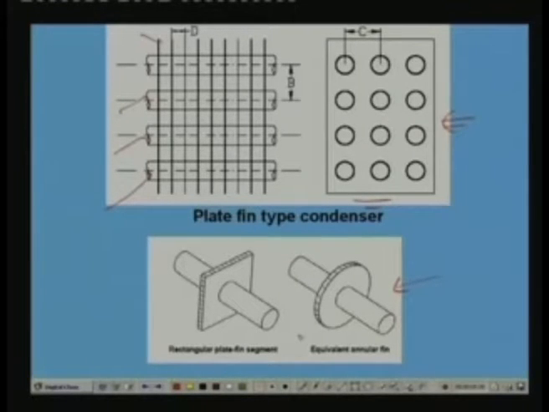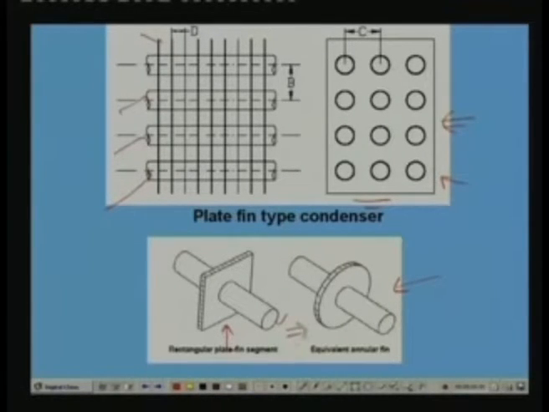First the entire fin area is equally distributed among all the tubes. For example, if you look at this picture, here there are 12 tubes. So the entire fin area is equally distributed among the 12 tubes. Then one particular plate fin segment is considered. That segment looks like this: you have a single tube and the area associated with it.